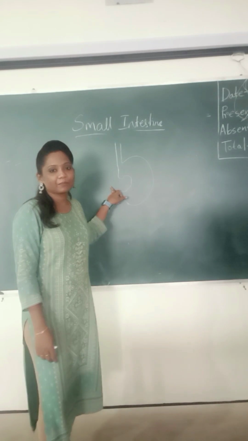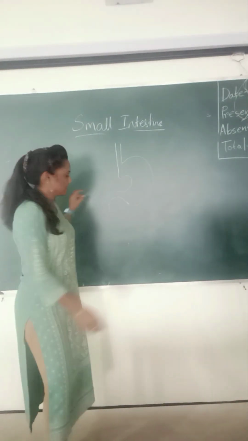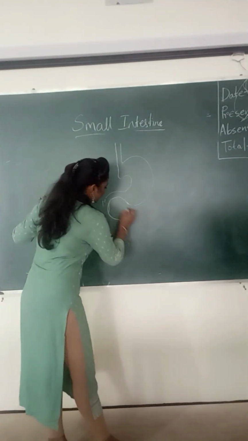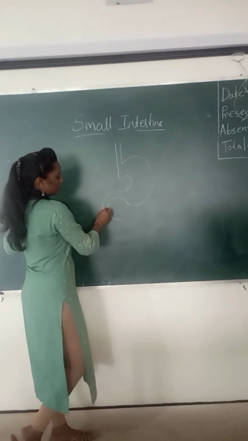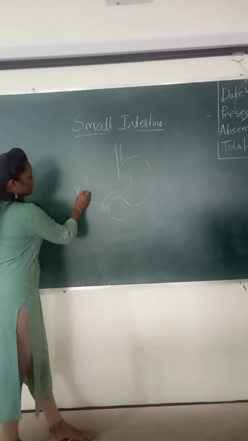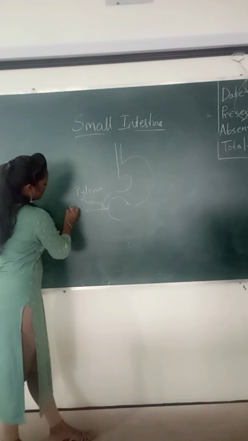So when I want to speak about the small intestine, the continuation part of the stomach is the small intestine. See the diagram. So till here I said it is the pyloric sphincter, pylorus area, and sphincter.